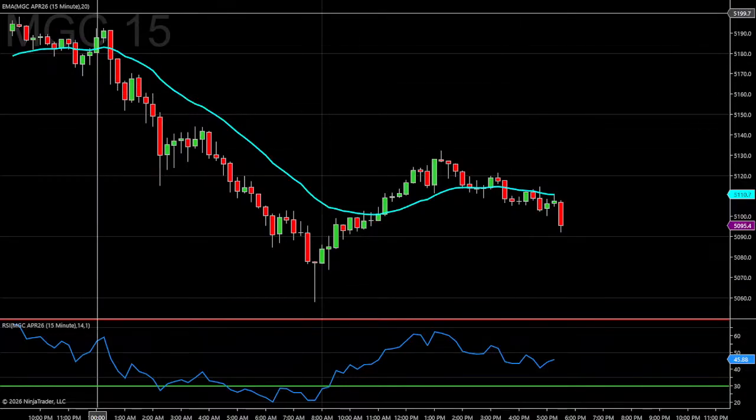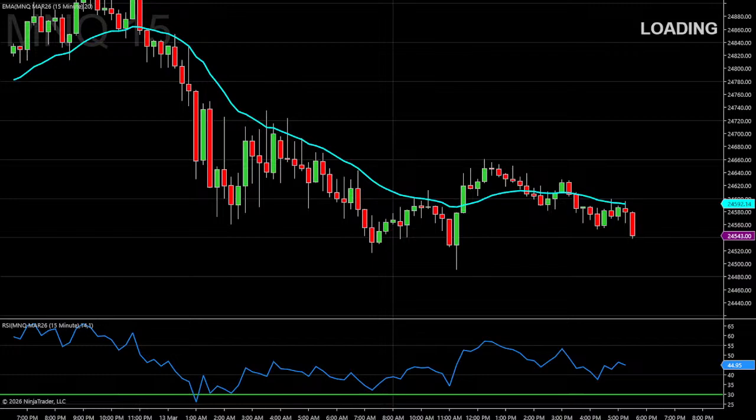What is MNQ doing? Same thing. Might even be quicker to make an entry on MNQ. I have to hover between the two. I'll draw a retracement box just to remember what's happening.